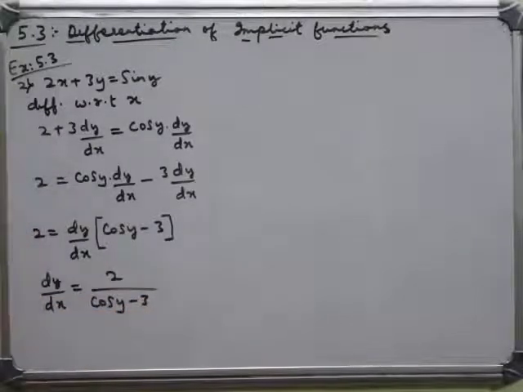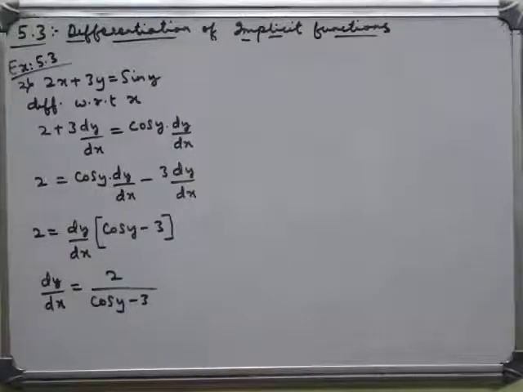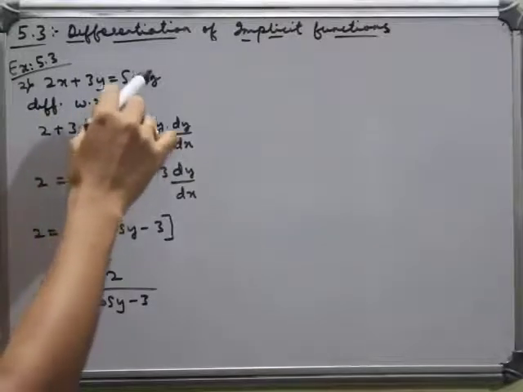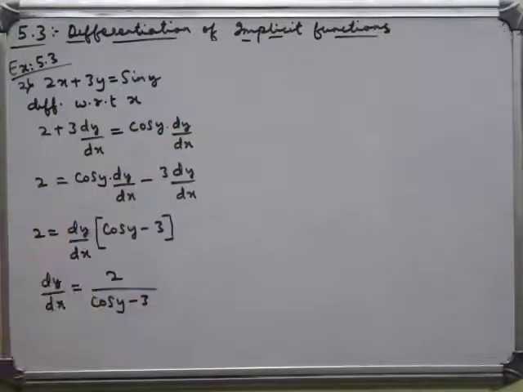Okay, so this is the final answer. This is how you simplify the second question. The only difference was, instead of sin x, it was sin y. So this was the change in the answer. Okay, so let us move on to the third question.